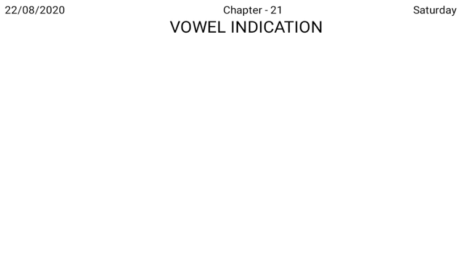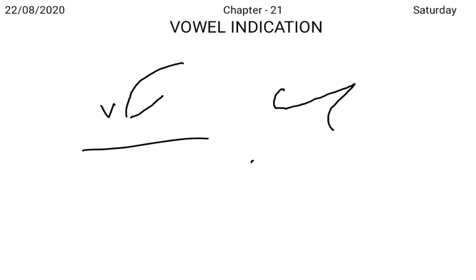We have learnt another rule. Before L, if WH comes, we write a large hook initially to represent the sound of WH. For example, while. But we do not use this form when a vowel comes before WH. In that case, what we write is, we write a large hook with V and downward L. So here, if you write the I diphthong, it is enough.